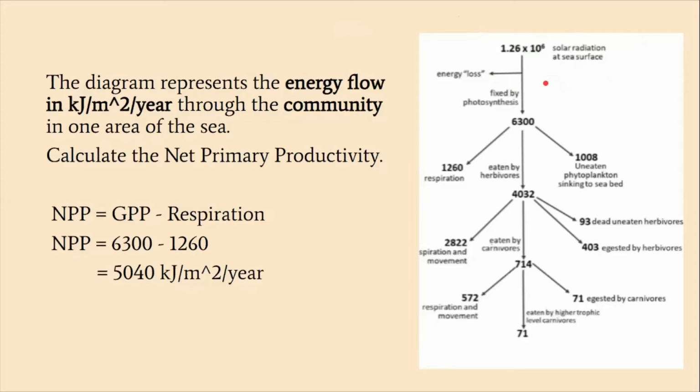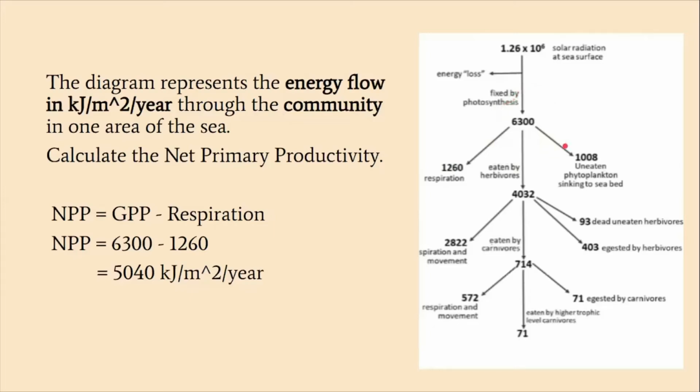Some of that energy is going to be fixed by the algae, because we know they are the producers that can photosynthesize. 6,300 kilojoule per meter squared per year of energy is fixed as biomass, and we know this is going to be the GPP.